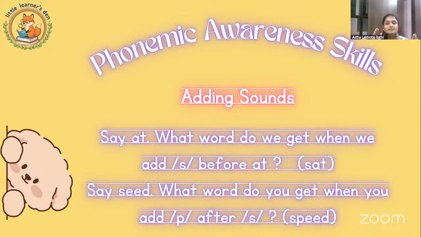I am not asking them to break pot here, I'm just asking them to add one sound. To increase the level, we can do fog. What word do we get once we add r after f? So frog. We can lead them from fog to frog by adding one sound. So this is another skill.